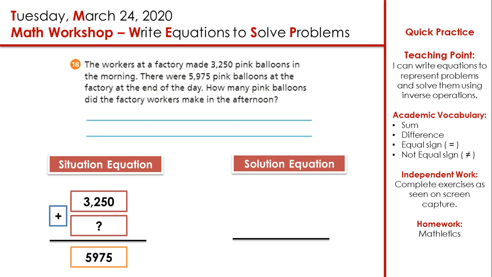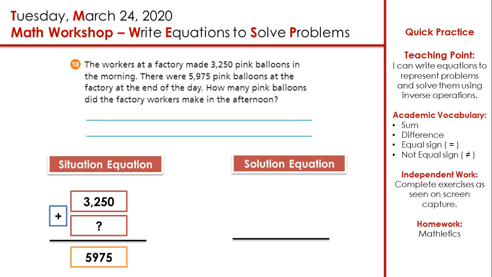Now, for me to solve this one, I will need to use the inverse operation. Since I'm using addition in this case, then I will need to use subtraction to solve it. Now, if we represent this in a math mountain, we can picture that we have one atom at the bottom that we know, in this case 3,250, and then we have another one that we don't know, which is the question mark that we have right here.